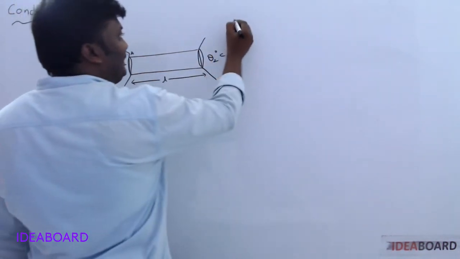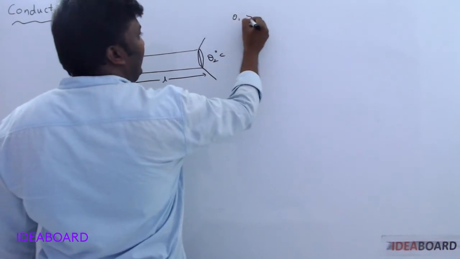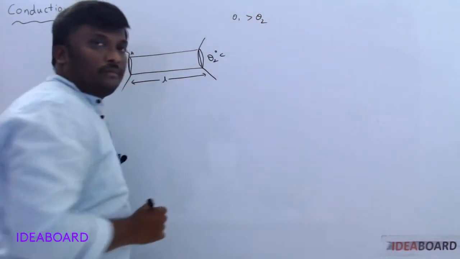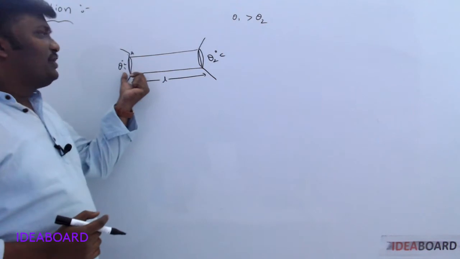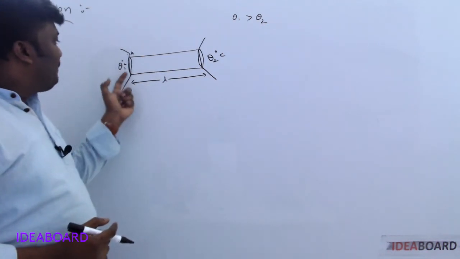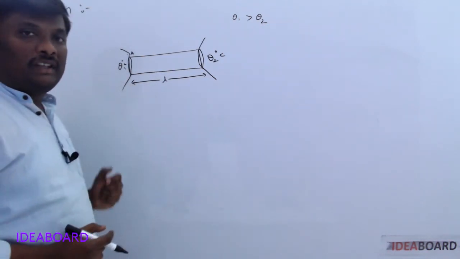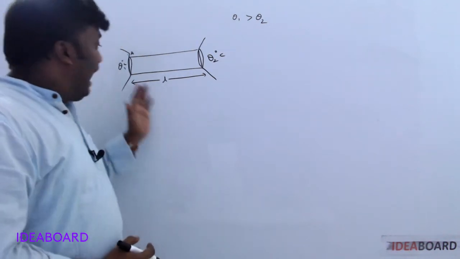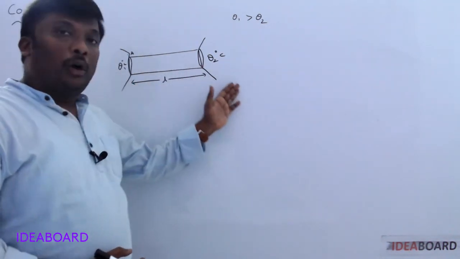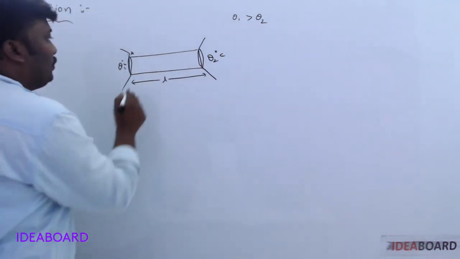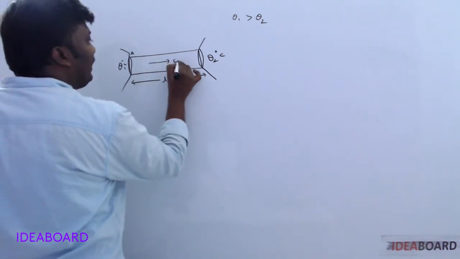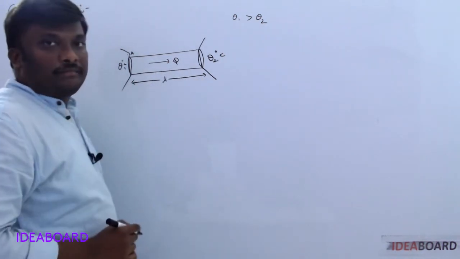Now I take theta 1 greater than theta 2. So here temperature is more. We know that heat is always transferred from the higher temperature region to the lower temperature region. So the heat will be transferred in this way.